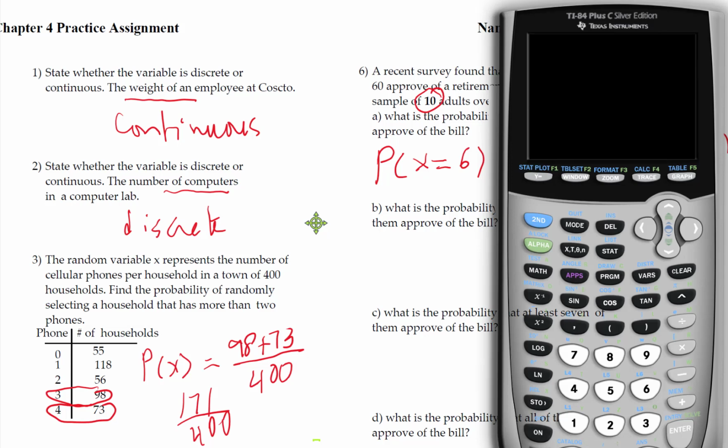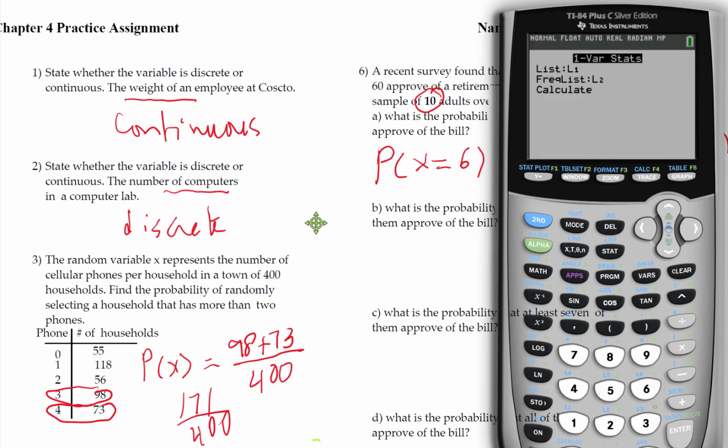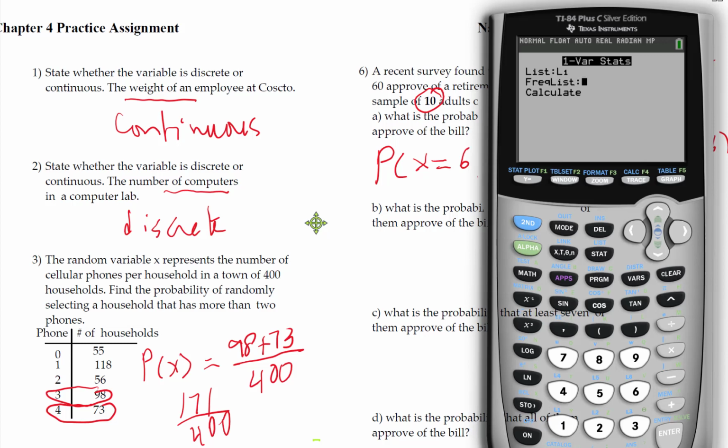So turn the calculator on. Okay, I'm going to clear this. Second and quit. So you go to second, variables, and then you scroll down to binomial PDF. Enter. Number of trials, which is N, so we enter a 10. Enter.